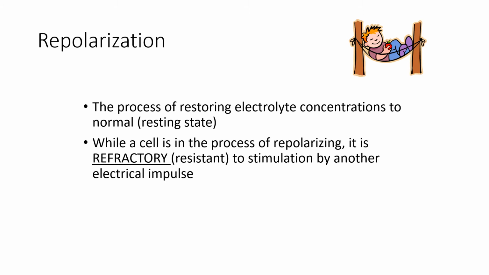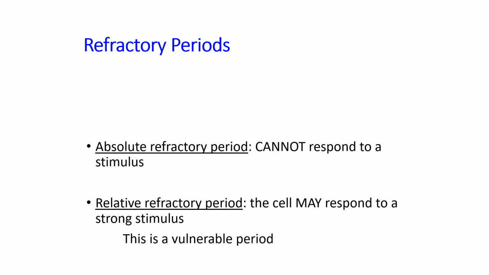There are absolute and relative refractory periods. During the absolute refractory period, in the process of depolarization, the cell cannot accept a stimulus. But towards the end of repolarization, if it's a strong enough stimulus, the heart responds to the fastest and strongest impulse.